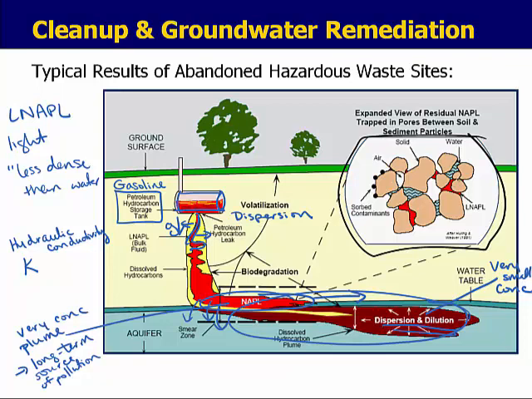And this will be significant as we think about remediating the site. If we draw out the contaminant, if we pump it out, for instance, there will always be these small entrapped particles or entrapped areas of NAPL, and these are very hard to completely remediate or remove.